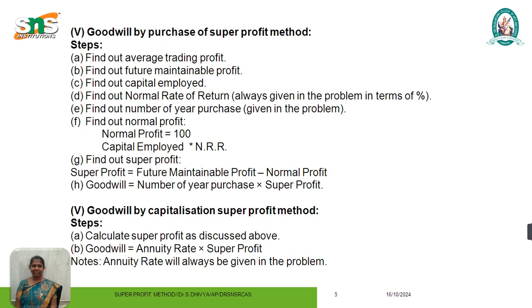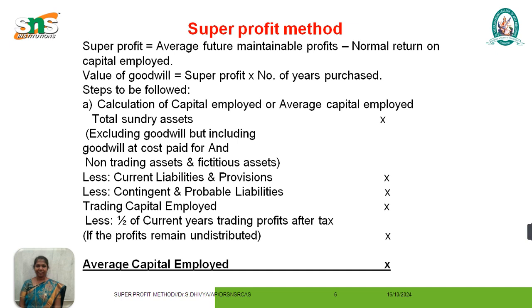The goodwill by the super profit method is as follows. Normal profit is equal to capital employed into normal rate of return divided by 100. Super profit is average future maintainable profit minus normal profit on capital employed.